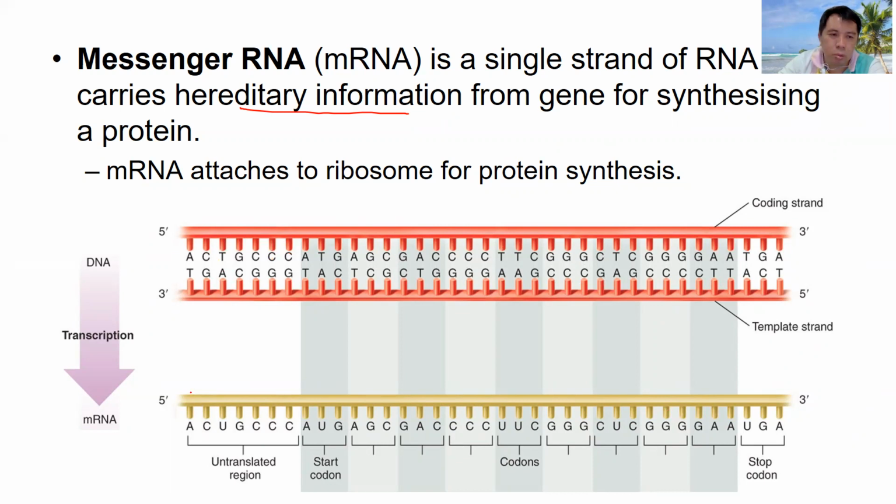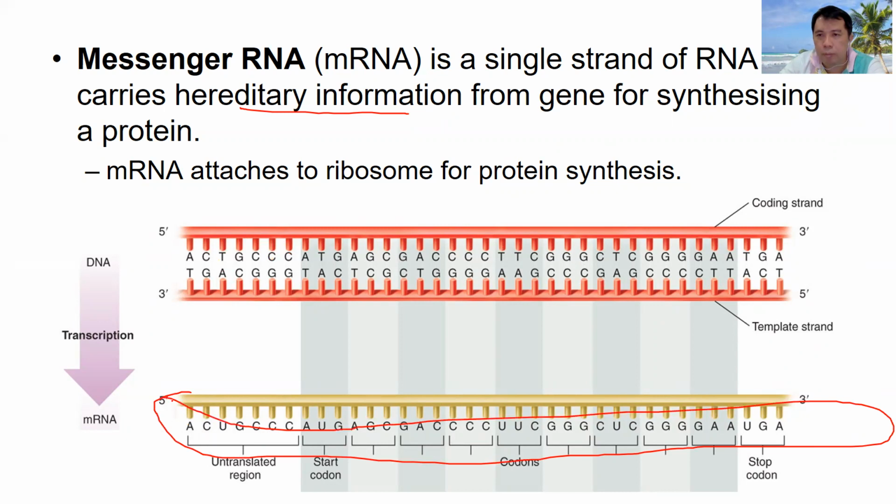In order to produce an mRNA, we want to see which strand will be used as the template and which strand will contain the genetic information to be transcribed and translated.